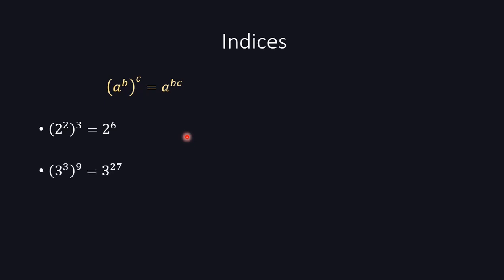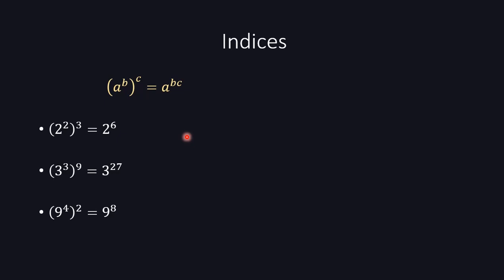If 3 raised to the power 3 has the power 9, then it's going to be equal to 3 raised to the power 27, since 27 is equal to 9 multiplied by 3. And if 9 raised to the power 4 has the power 2, then it's going to be equal to 9 raised to the power 8, since 2 multiplied by 4 is equal to 8.